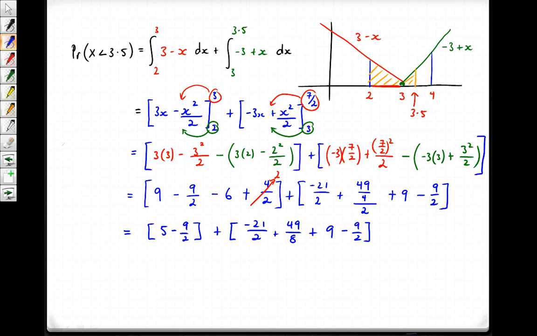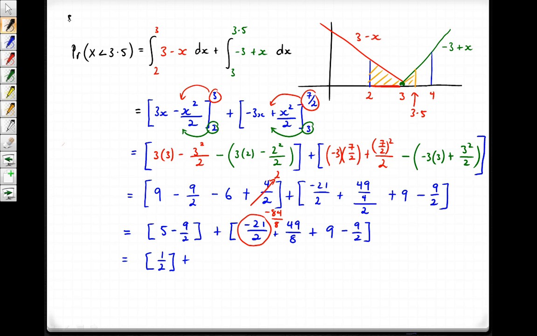So that didn't clean it up a lot, so we're going to need to go another line. So this first half is just, well, that's essentially 10 on 2 minus 9 on 2, so that's just 1 on 2. Plus, so we can turn this into, what's it going to become? Minus 84 on 8. Hopefully, if we times everything by 4 on 4. So minus 84 on 8 plus 49.